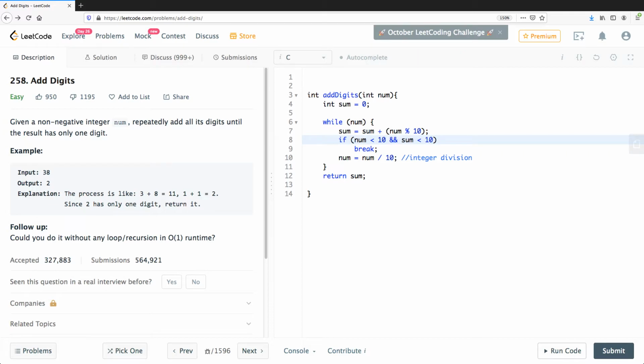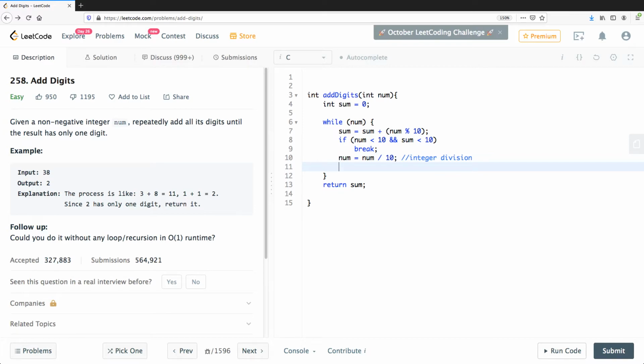So if num is less than 10, what does it tell you? That the next line will give you 0. And if the next line is going to give you 0, you know that you basically ran out of the digits in num.